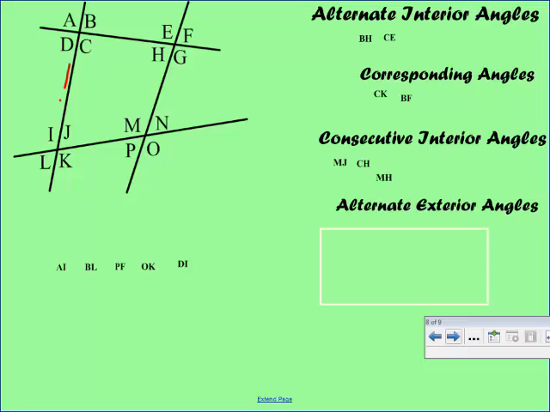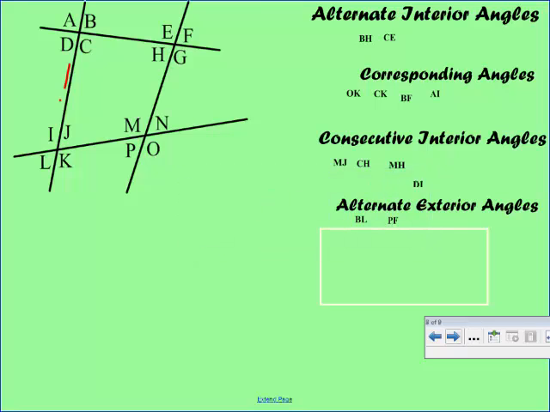MH is consecutive interior. AI is corresponding. Okay. BL is, let's take a look, alternate exterior angles. PF is also alternate exterior angles. OK is corresponding angles. And lastly, DI is consecutive interior.